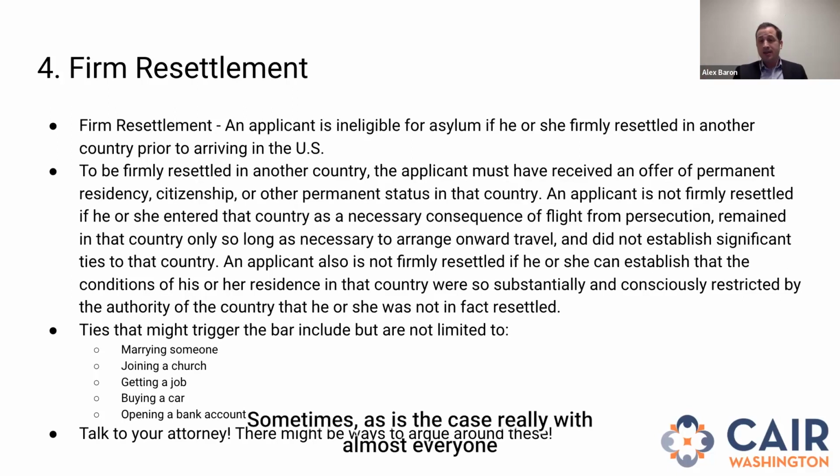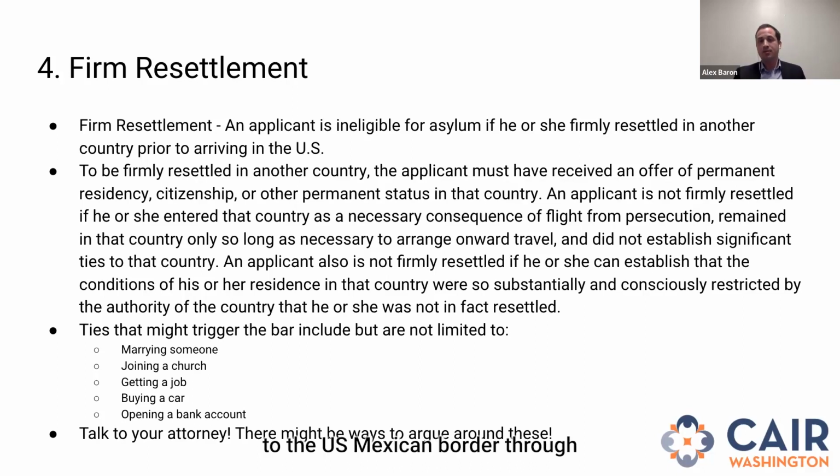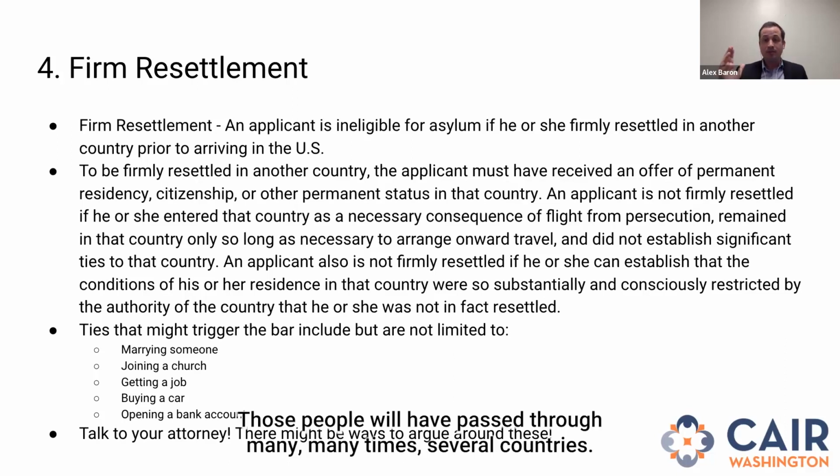Sometimes, as is the case with almost everyone who comes to the southern border seeking asylum, most people will have passed through a third country on the way to the US-Mexican border through human smuggling networks or otherwise. Those people will have passed through several countries, many times.